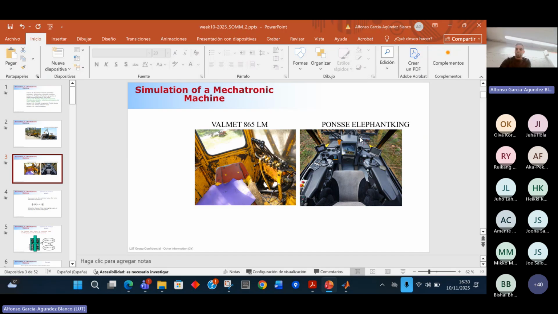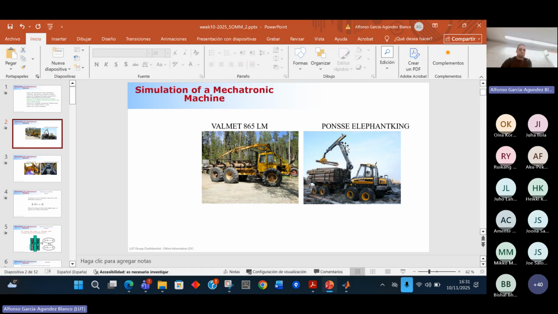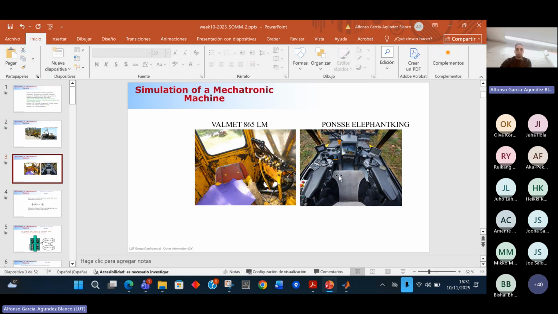And here, for example, in the Ponsse Elephant King, which is the name of this machine, you can see a more, let's say, sophisticated control. In practice, it's the same, because what you are doing here, if you see, is acting on these cylinders, which have not changed much from outside. But from the point of view of the user, you can see these changes here, okay? But in any case, same idea, and the hydraulics have not changed much in the previous years, okay? That is what I wanted to show you.